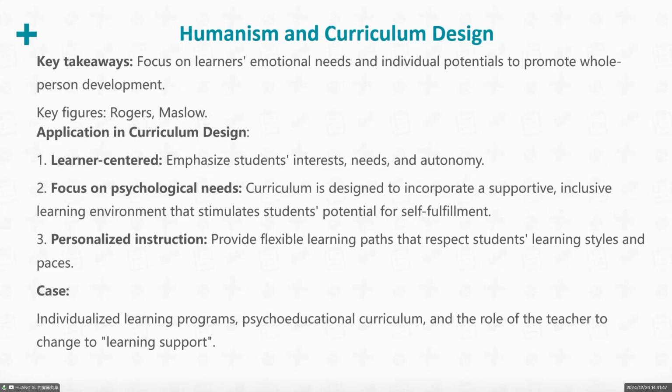The second one is focus on psychological needs. The curriculum is designed to incorporate a supportive, inclusive learning environment that stimulates students' potential for self-fulfillment. The last one is personalized instruction. Provide flexible learning paths that respect students' learning styles and pace.